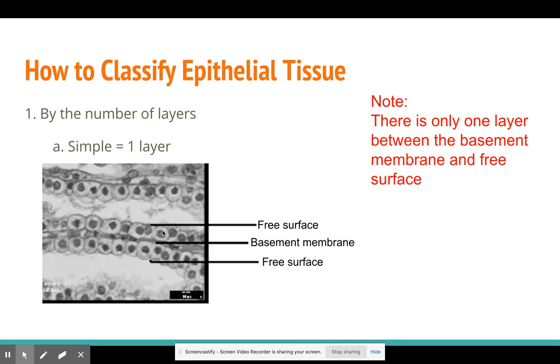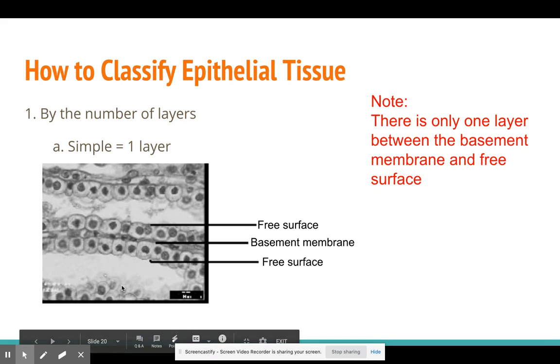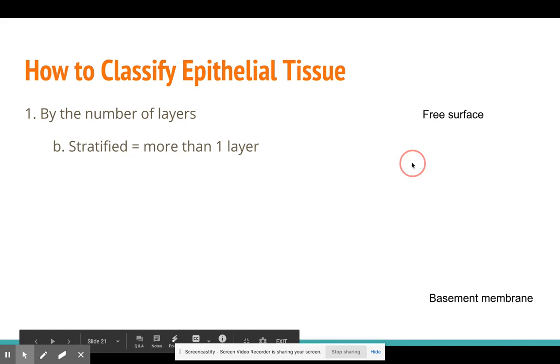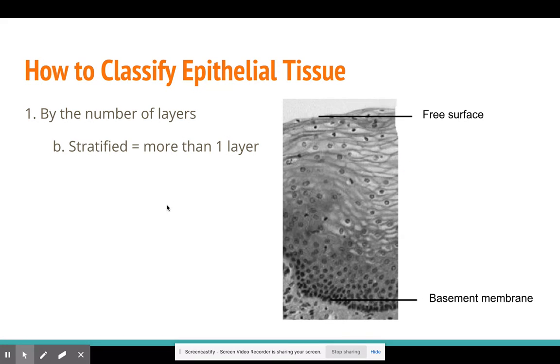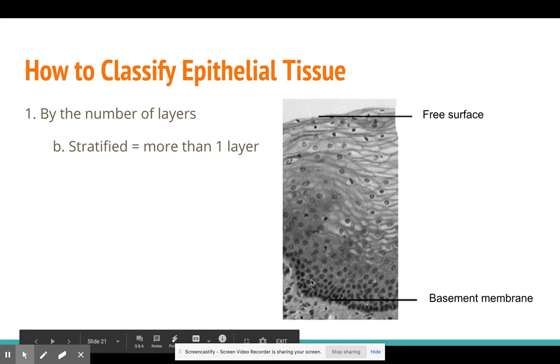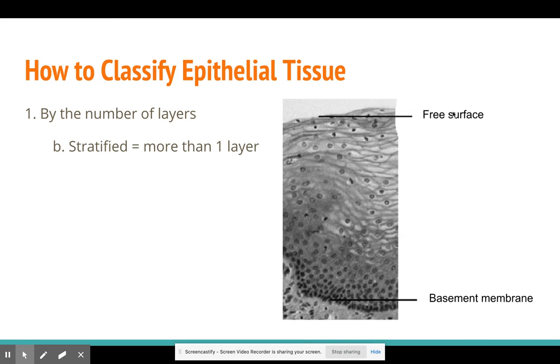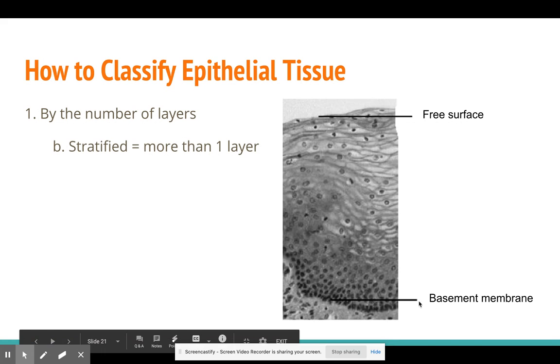One single layer here and one layer here, because what you can see is there's a free surface here as well as free surface out here. Here, the cells again are very tightly packed together. Here is to the outside, so that's why this is called the free surface. Here, this is the inside of the epithelial tissue towards the inside of the body. That's why this is called the basement membrane.